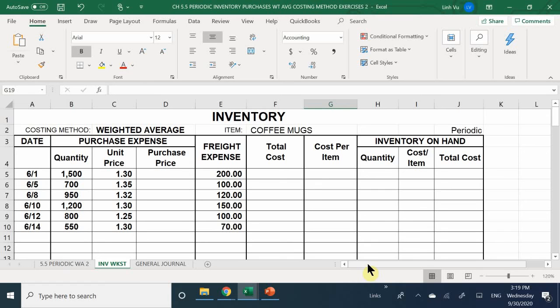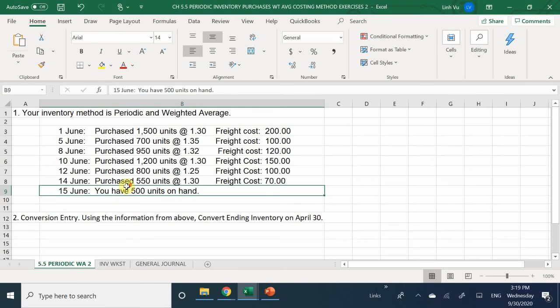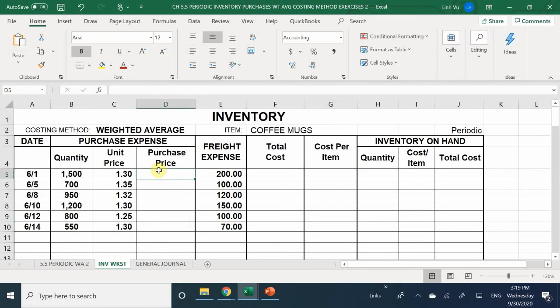Okay, you're ready? Yes. So you have this copy on the website as well in case you want to practice. In this case, on June 1st, I purchased a total of 1,500 items at $1.30 each.